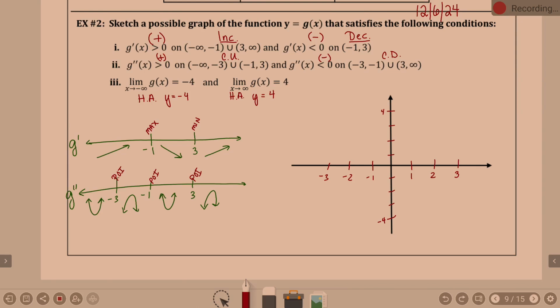So basically on the left side of the graph, there's a horizontal asymptote at -4. It's not going to matter on the right, because on the right, my graph is going to be approaching +4.